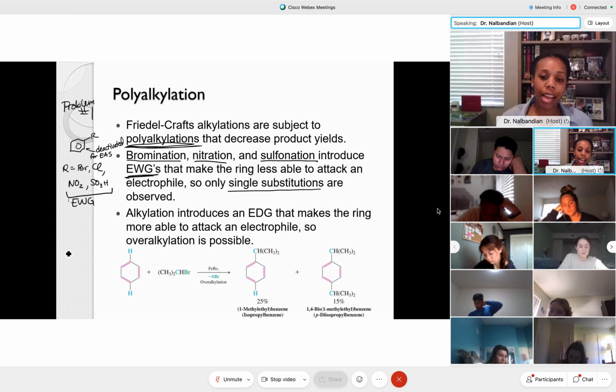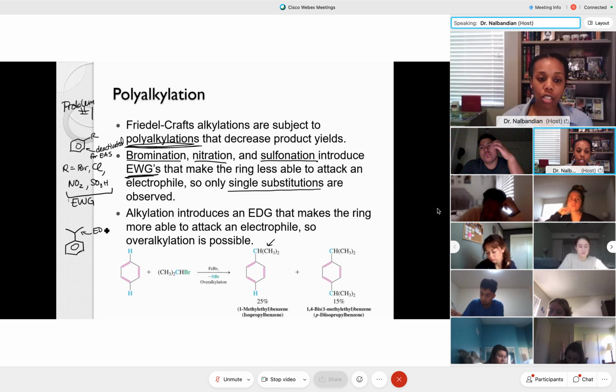But if we put an alkyl group on there, so here for this example, there's the isopropyl group on the benzene ring. With that now, we know this is an electron donating group. And so with that as an electron donating group, this ring is activated. When you have an electron-rich ring, it's activated for further electrophilic aromatic substitution reactions.